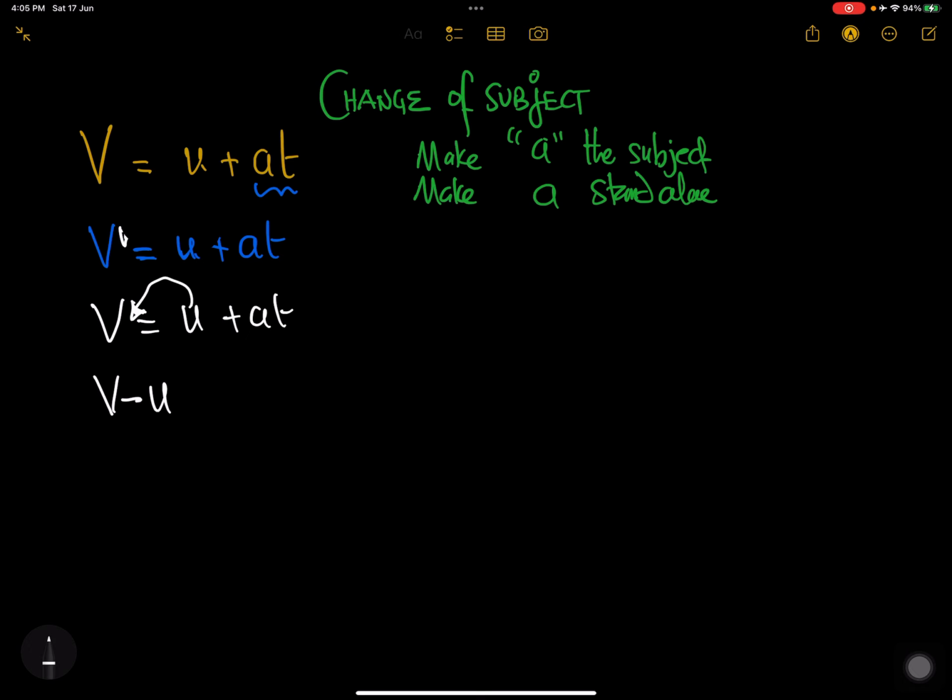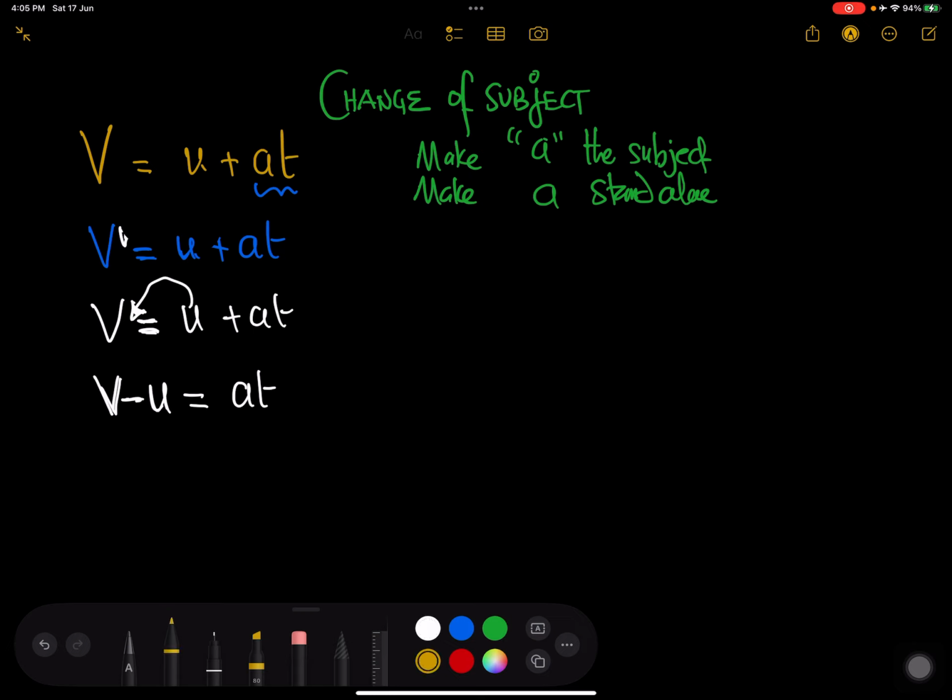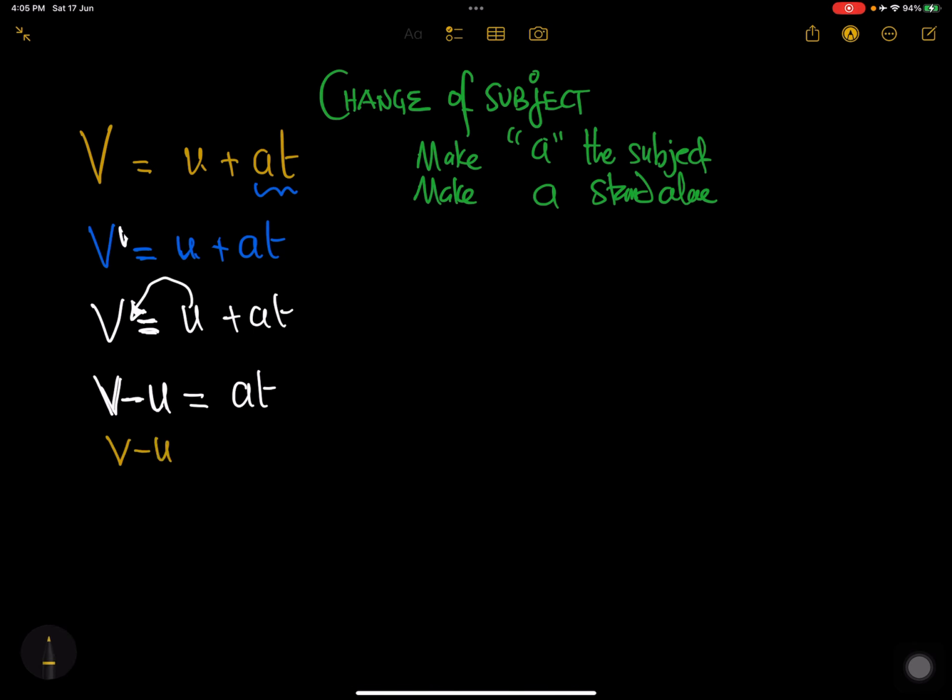It is negative because it just crossed the equal to sign. So we have v minus u being equal to at over here. Now, we are seeing that a is attached to the t. What can we do to at so that a can be able to stand alone? I think the best thing to do is to divide both sides by t.